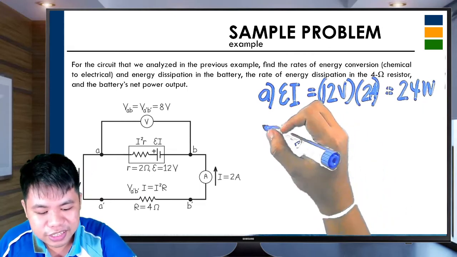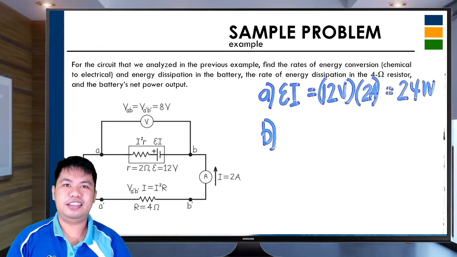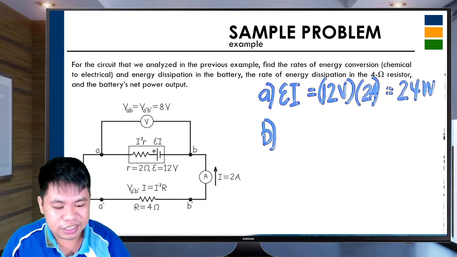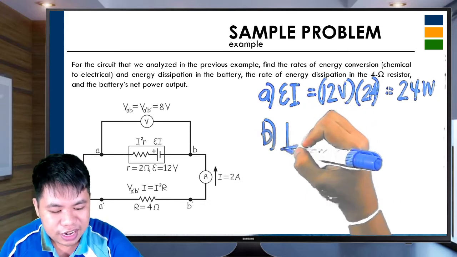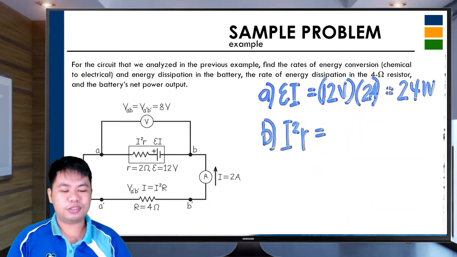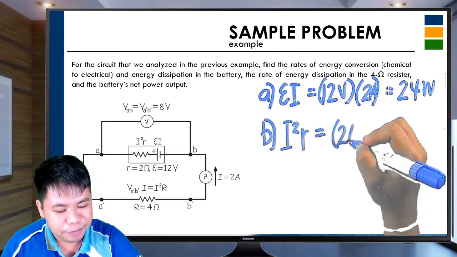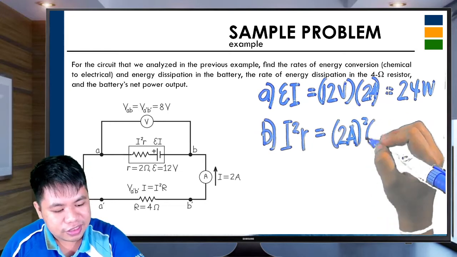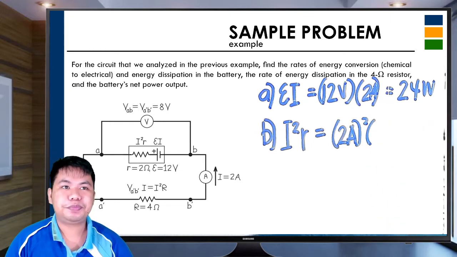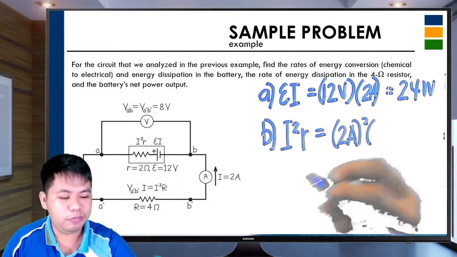How about the dissipation or the lost energy? The energy dissipation is I squared times R. Your I is 2 amperes squared times the internal resistance, which is 2 ohms.